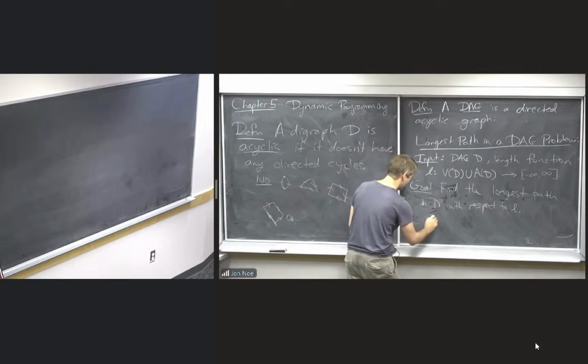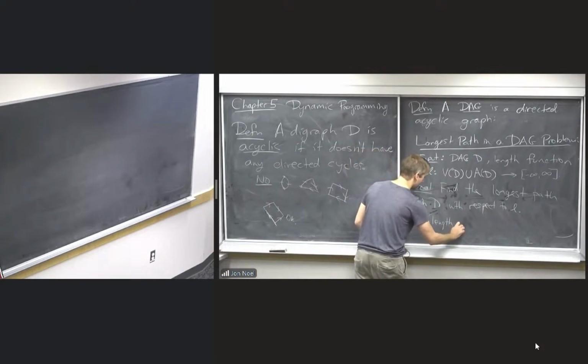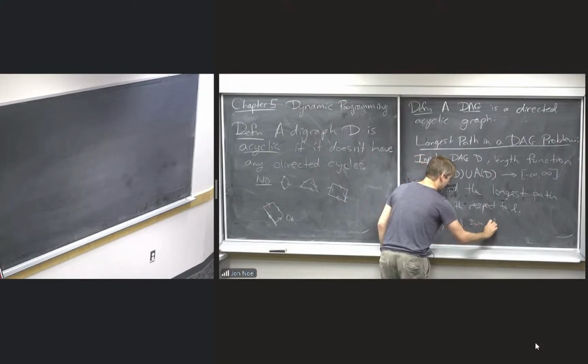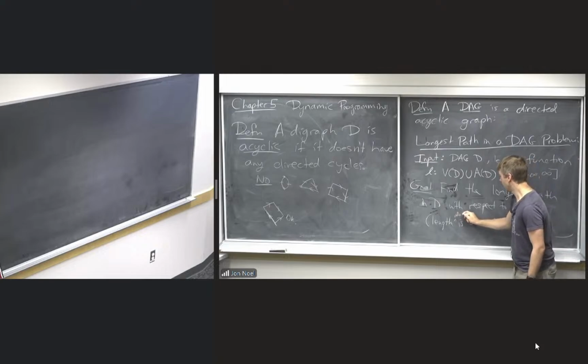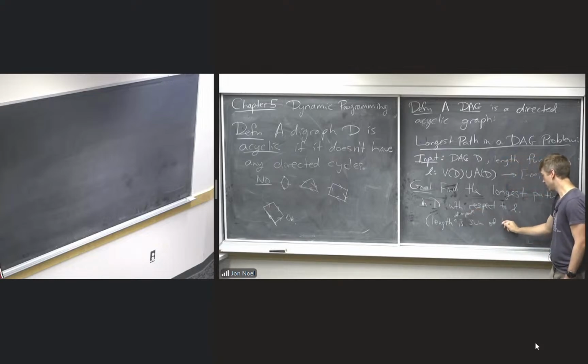So the length of a path is the sum of the lengths of the vertices and arcs in the path. Is the statement of the problem clear?